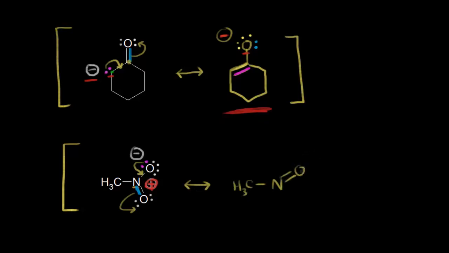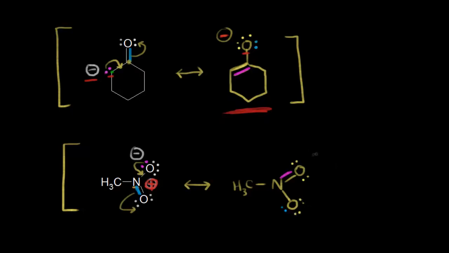This oxygen used to have 3 lone pairs of electrons, but the electrons in magenta moved in here to form this bond. And so that means we have only 2 lone pairs left on this oxygen. For the oxygen on the bottom right, there's only 1 bond now between the nitrogen and the oxygen because the electrons in blue moved off onto this oxygen. And that means this oxygen has 2 more lone pairs of electrons.